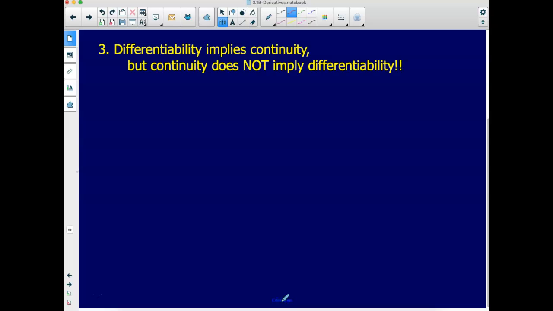The first one we did was the absolute value, which is continuous; you can make that graph without ever picking up your pencil. However, it was non-differentiable at that sharp point because the right side derivative did not equal the left side derivative.